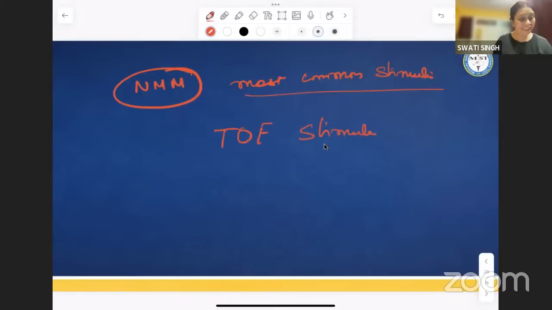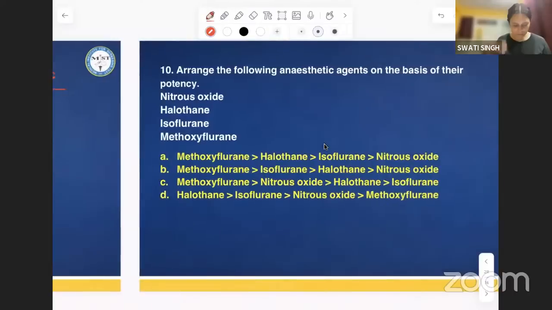We see either the train-of-four count or the train-of-four ratio, and we know whether the patient is in paralysis or is out of paralysis. Got it? So train-of-four stimulus. This was our 9th question.